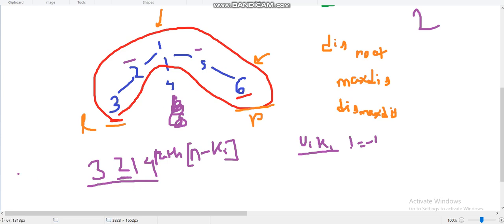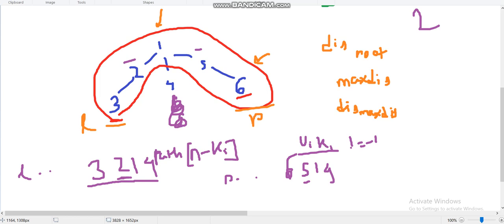This is the DFS from L, and if we do a DFS from R, our path will be 6 5 1 and 4, and we return the element at index 4 minus 2, so 5 will be returned here. So we can either do the DFS from L or from R, and we store the path from L to ui and just return the element at index n minus ki from it.